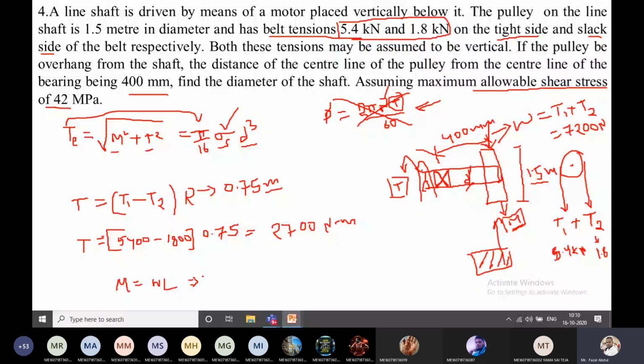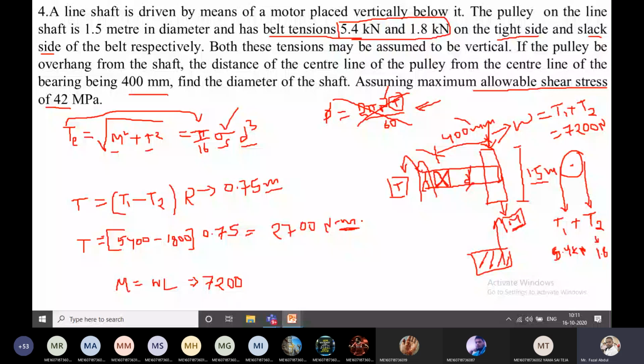Your wish, but all parameters must have the same units. So I'm converting 400 mm into 0.4 meters.